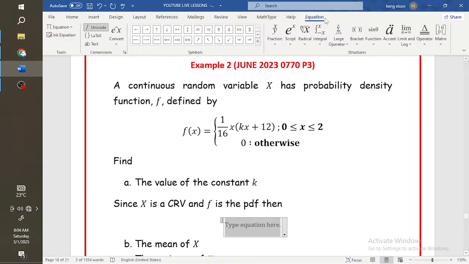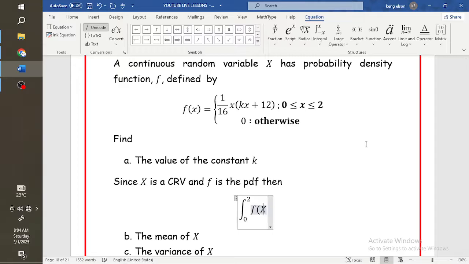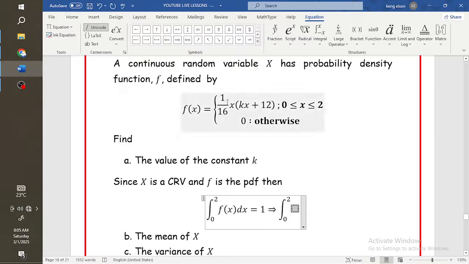We have that the integral from 0 to 2 of f of x dx must be equal to 1. What does this mean? This means that the integral from 0 to 2, what is f of x? This is f of x.